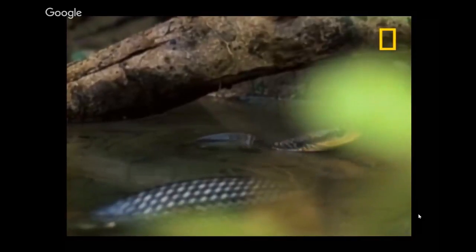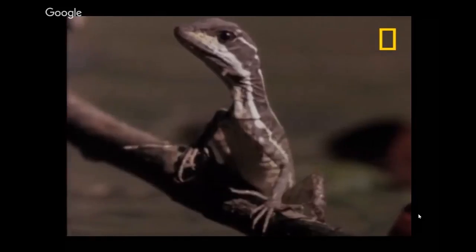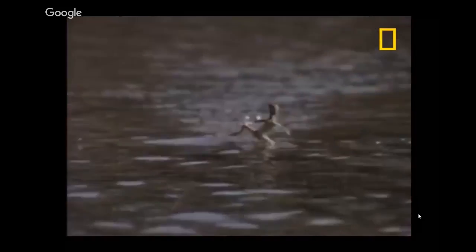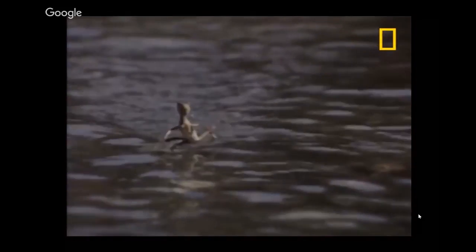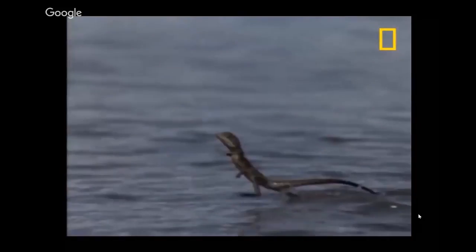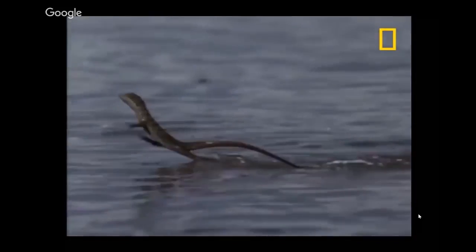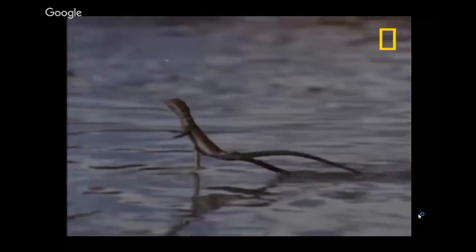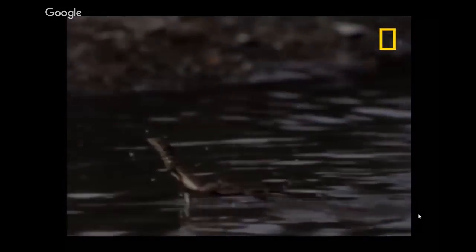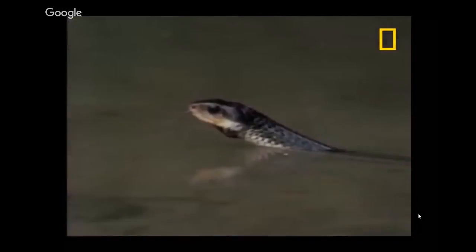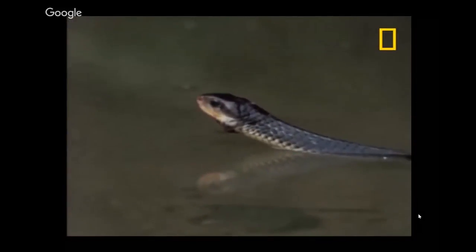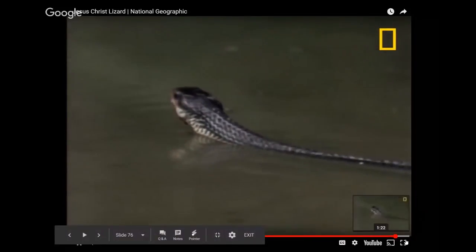This predatory reptile will help reveal the secret as it stalks the young basilisk. The basilisk is called the Jesus Christ lizard because it can walk, well, really run on water. It bicycles its hind legs, and the tail becomes a counterweight. We can't know what the snake is thinking. Did it really want to eat the lizard, or did it just want to show?